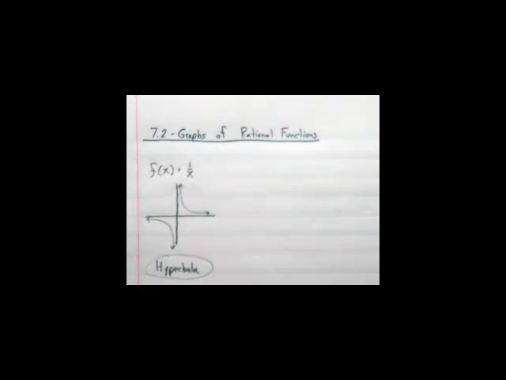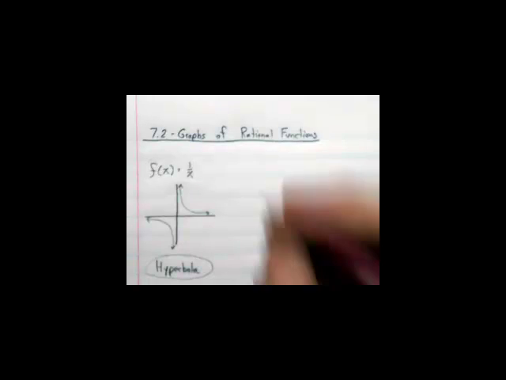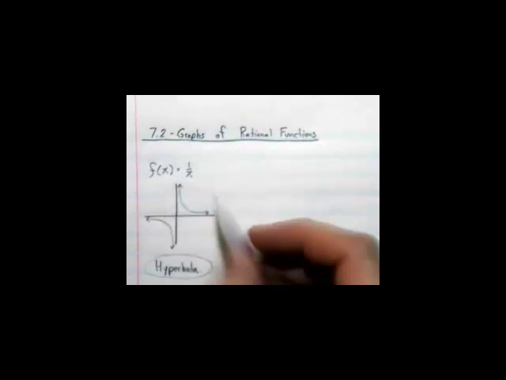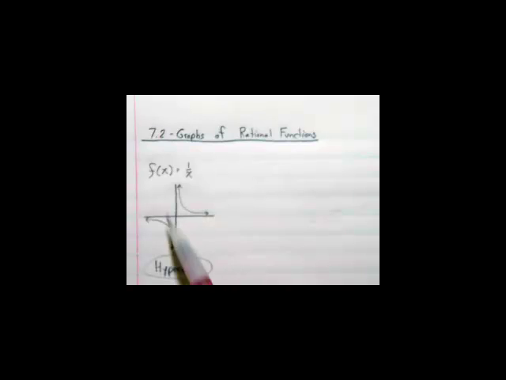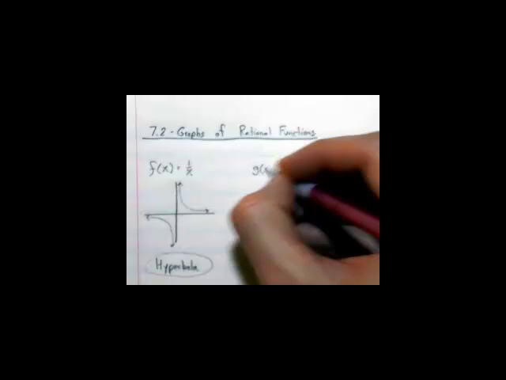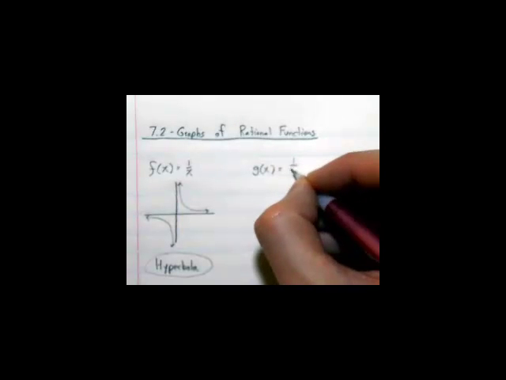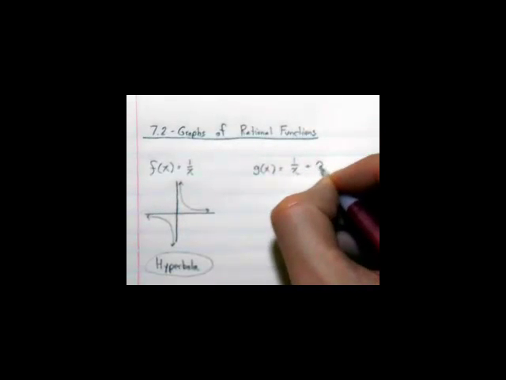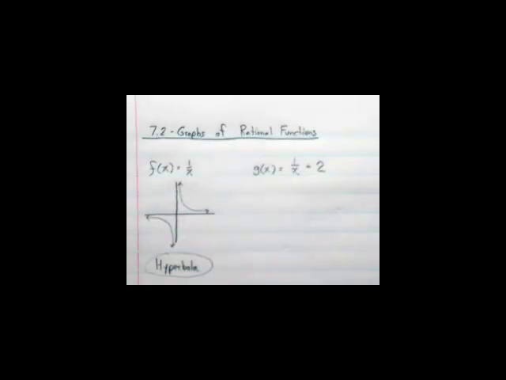Okay, so think transformations. If this is what 1 over x looks like, this is the parent function, this is kind of the home base. Let's say I want to do g of x equals 1 over x plus 2. What kind of transformation am I doing to the original graph?